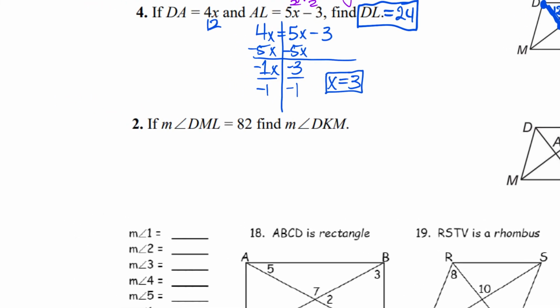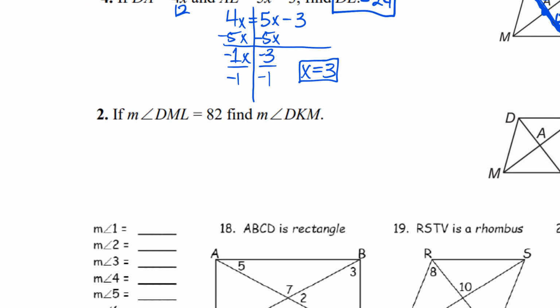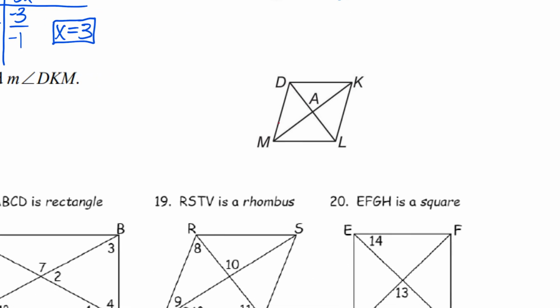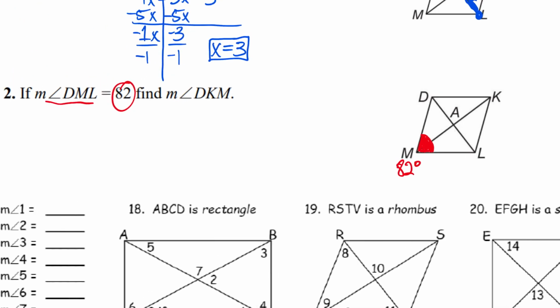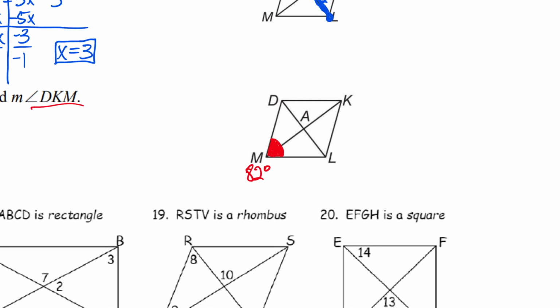The next one says angle DML. The measure of angle DML is 82. So DML is this whole angle right here, and that whole thing is 82. The question is, how big is angle DKM, which is this angle right here? Again, in a parallelogram, if this whole angle is 82, then this whole angle up here is 82.